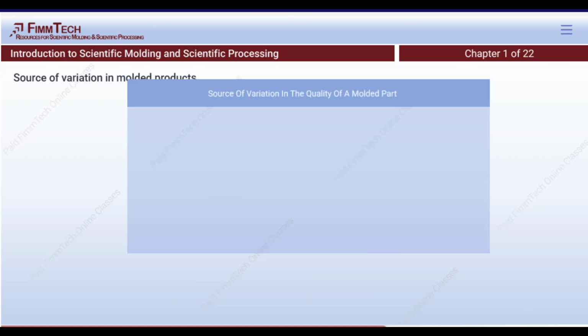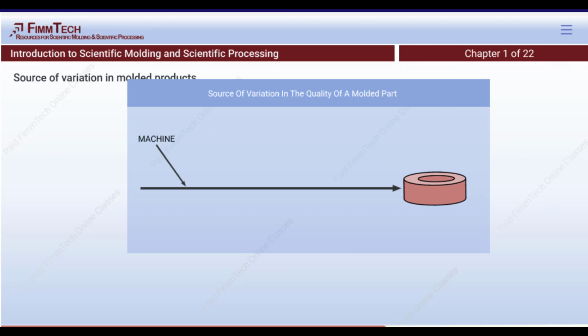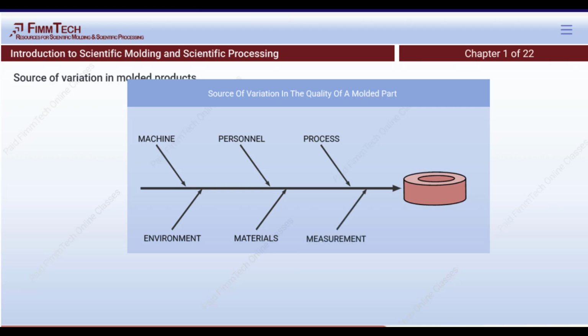So what are the sources of variation in the quality of a molded product? For example, if I'm molding this part here, where does this variation come from? This variation can come from the machine. This variation can come from the environment. It can come from the personnel. It can come from the materials. It can come from the process. It can come from the measurement systems. And there are several other sources of variation.